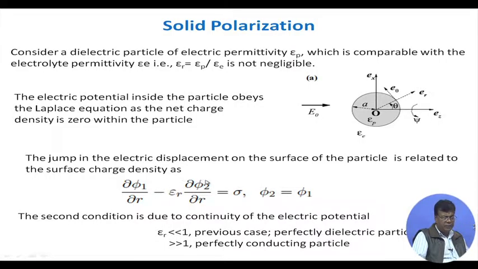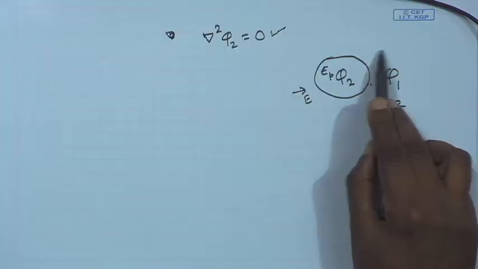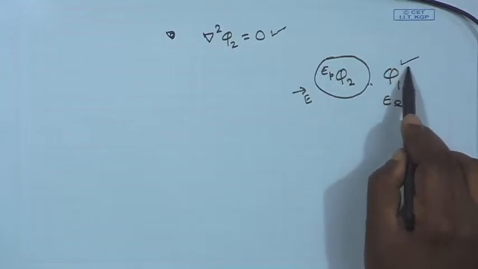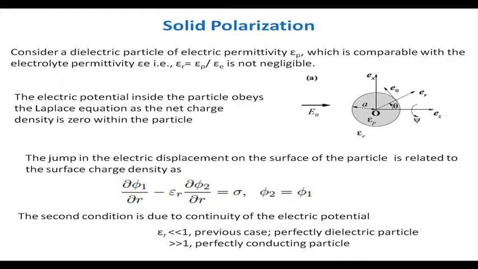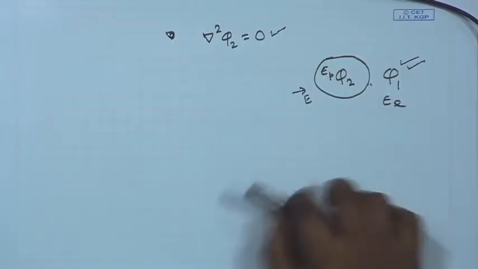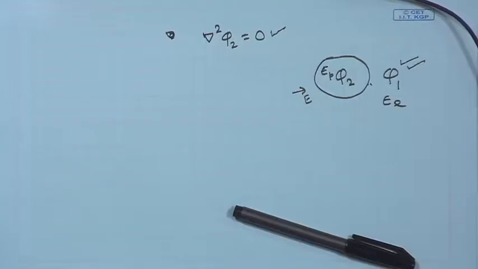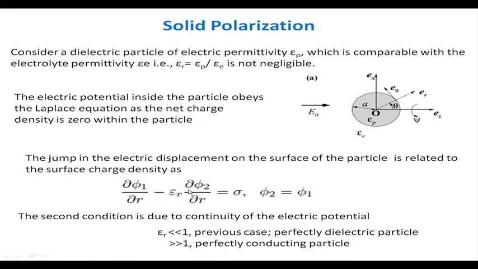Outside, in the electrolyte medium, the potential is governed by subscript 1. It follows the same equations, only it satisfies this condition at the surface, and epsilon r is the permittivity ratio.